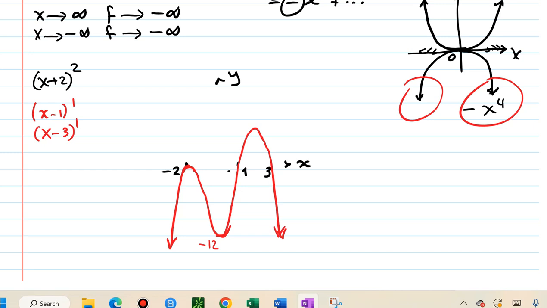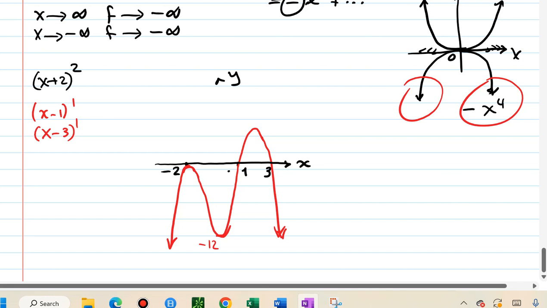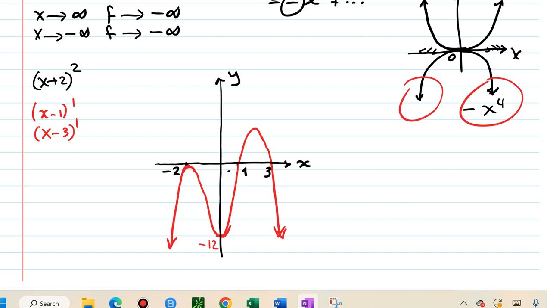I don't know what happened to my coordinate axes, so let me just draw them myself. Here's x, and of course the y was like that. Okay, and there we have it. That would be the graph of this function. You're looking at the extreme behaviors, just like it was for negative x to the 4th. And that is a graph.